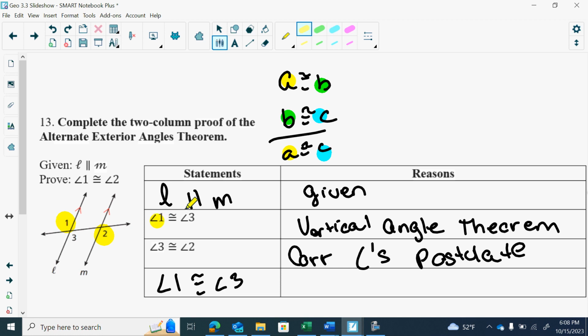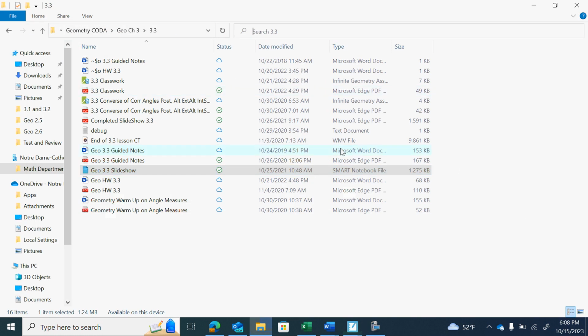We have angle 1 is congruent to angle 3, and angle 3 is congruent to angle 2. So yes, we have everything we need.